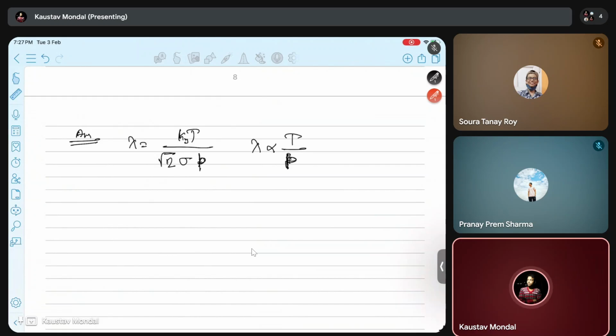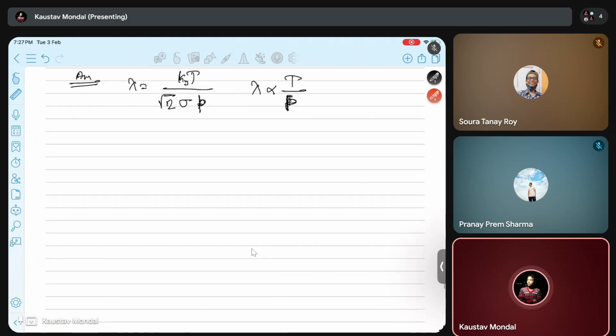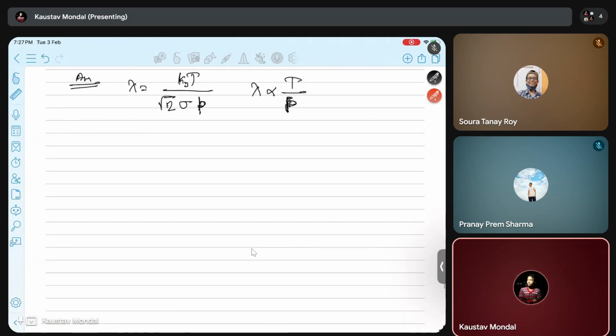That is the important thing. So if you take the ratio of two mean free paths, lambda 1 and lambda 2, it would be T1 by T2 and P2 by P1. So it's inversely related to pressure and directly proportional to the temperature.